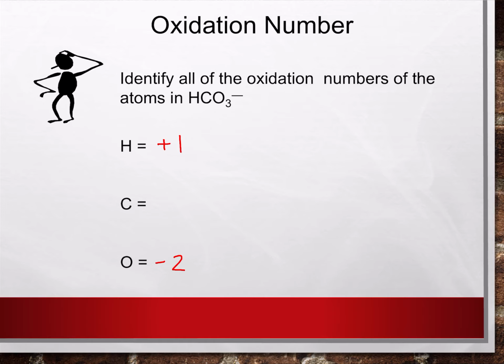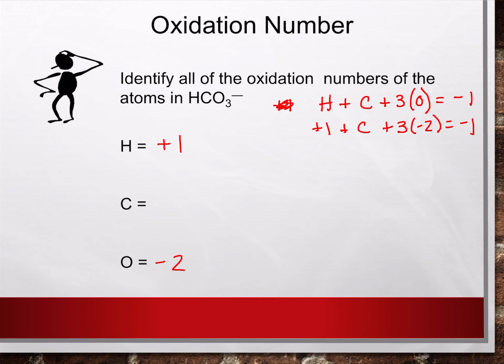So the way that we do this is we make kind of a chemical equation, right? So hydrogen is +1. Or here, let's back this up even farther. If we go hydrogen plus carbon plus 3 times our oxygens, that's not a 0, that's oxygen, is going to equal -1. That's the charge on the compound. So hydrogen is +1 plus carbon, we don't know, plus 3 times oxygen, which is -2, is going to equal -1.